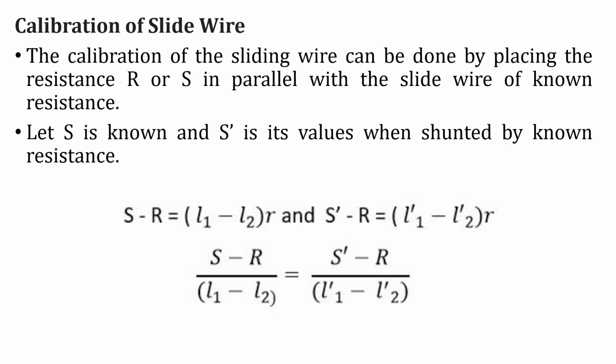So S minus R equals (L1 minus L2) into r, and S dash minus R is equal to (L1 dash minus L2 dash) into r. Taking the ratio, (S minus R) divided by (L1 minus L2) is equal to (S dash minus R) divided by (L1 dash minus L2 dash).